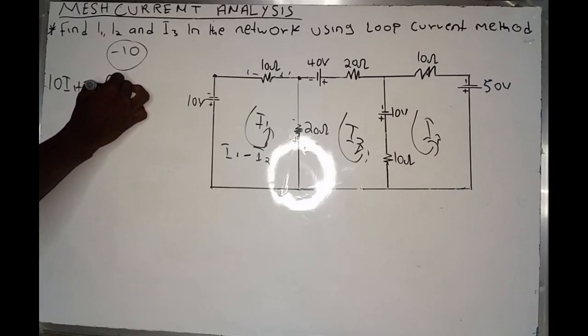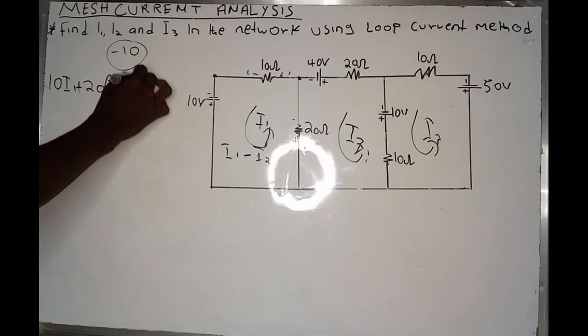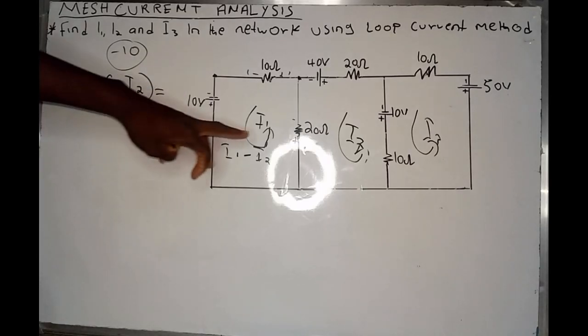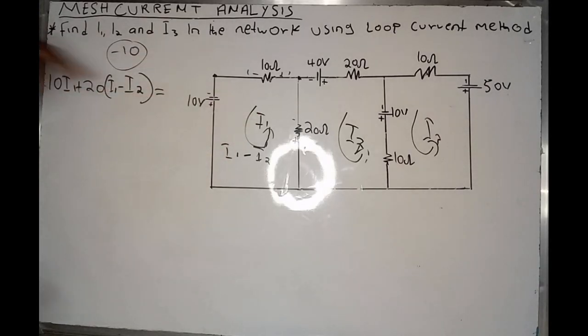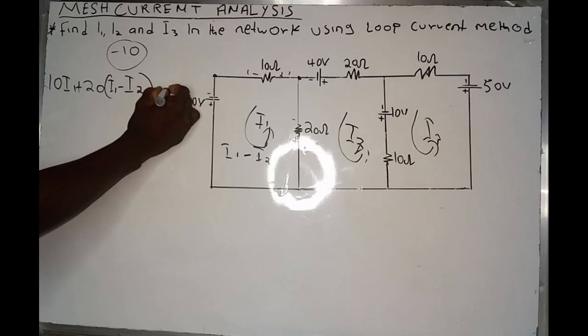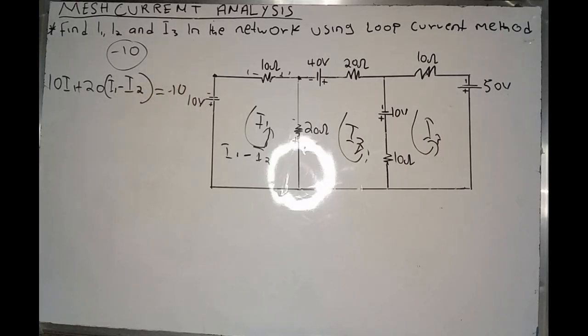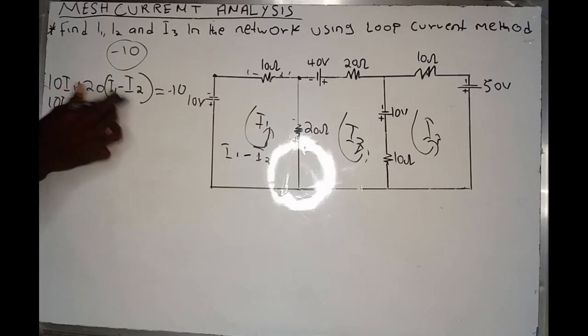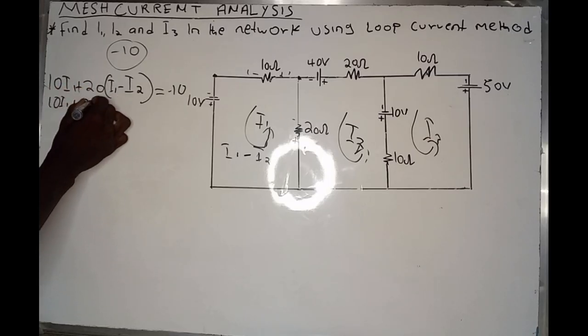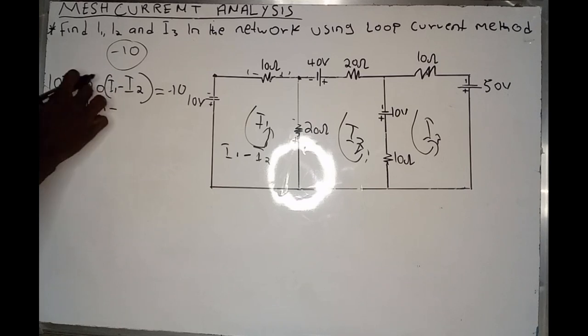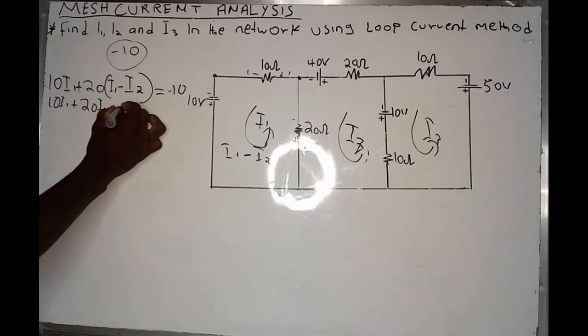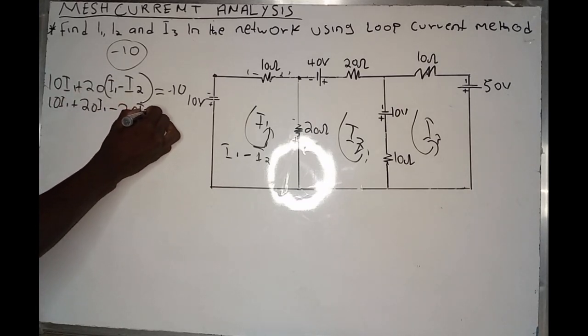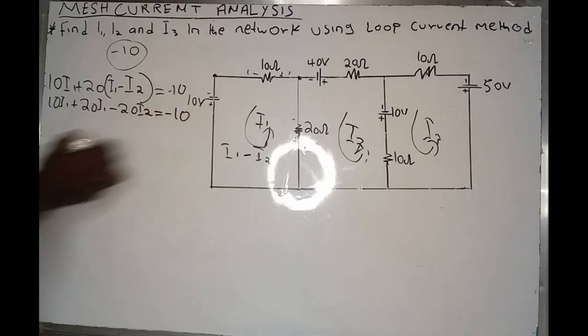So therefore, plus 20 times (I1 minus I2), which equals the voltage. I've already calculated the voltage, which is minus 10. So I have to expand this bracket. I have 10 I1 plus 20 multiplied by I1, 20 I1, minus 20 multiplied by I2, 20 I2, which equals minus 10.